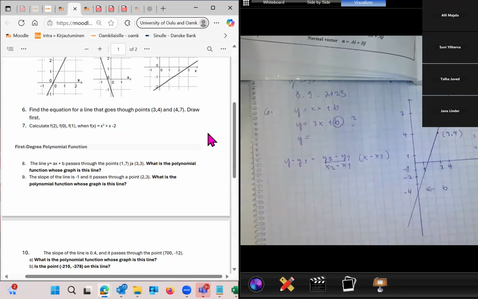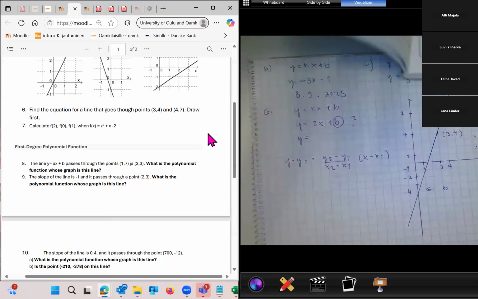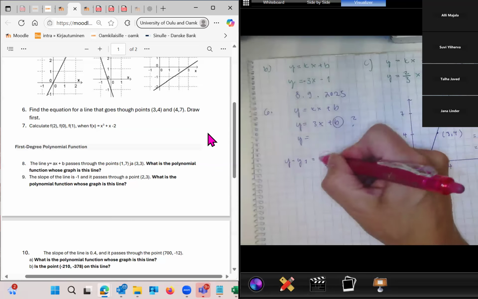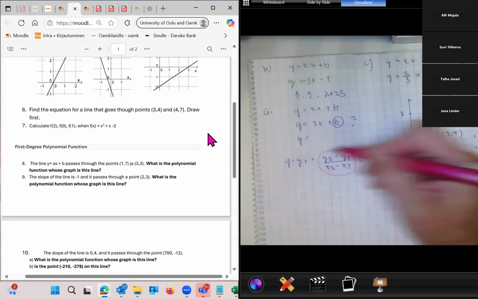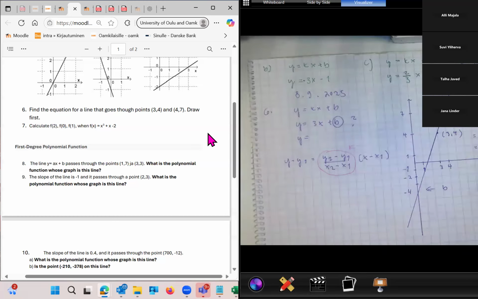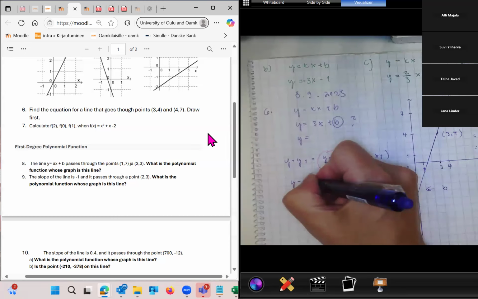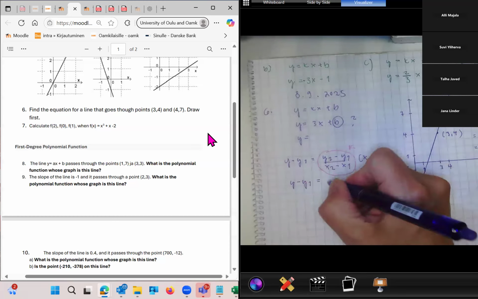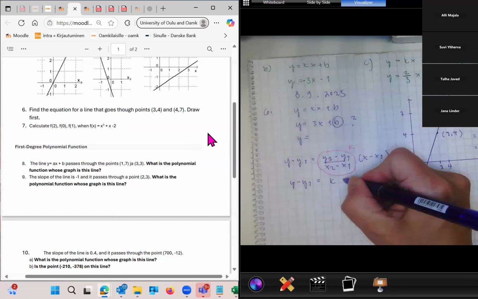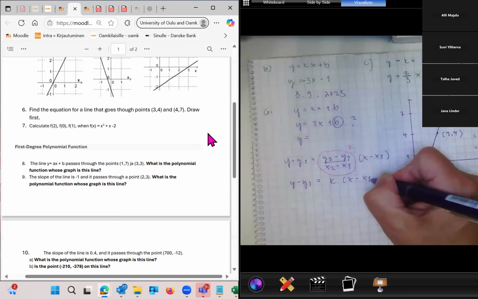And this was of course the k. So then I put the 3 there: y minus y1 is k times x minus x1.